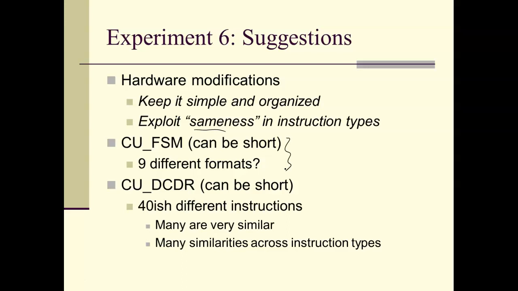Essentially, that means it's going to be a case statement with 9 different clauses in it. And the control unit decoder, not much different. I know there's 40 instructions or 35-ish. You've seen it before. A lot of the instructions are very similar across instruction types. You're going to hopefully see that and exploit that.